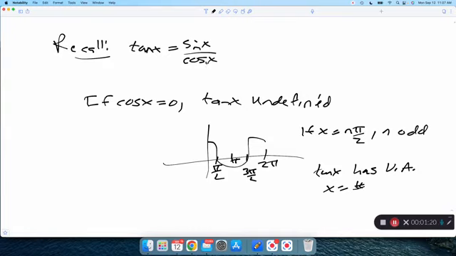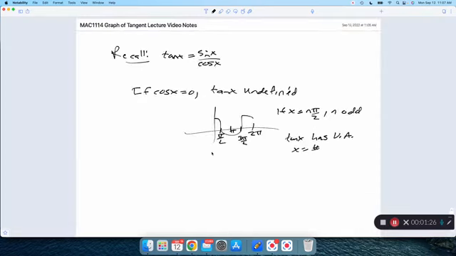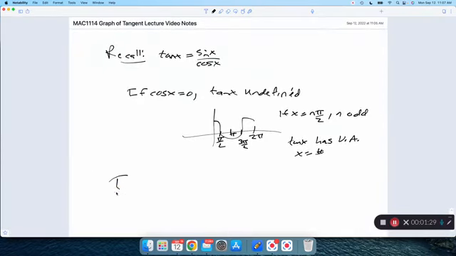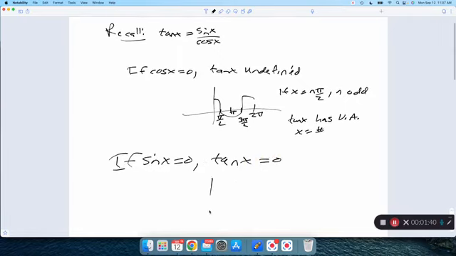Okay, what about sine? What if the top is 0? Think about a fraction. 0 divided by something that's not 0 is 0. If the top is 0, if sine is 0, then tangent is also 0. Sine and tangent are 0 at the same places. Where does that happen? Here's 2 pi, here's pi, pi over 2, 3 pi over 2.